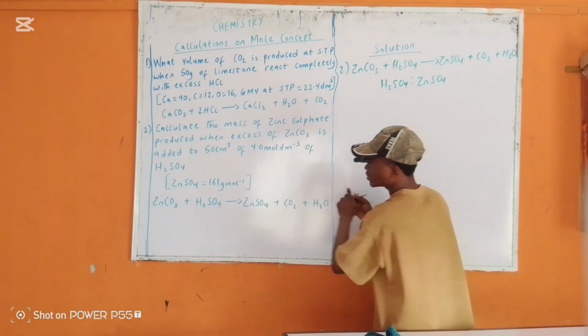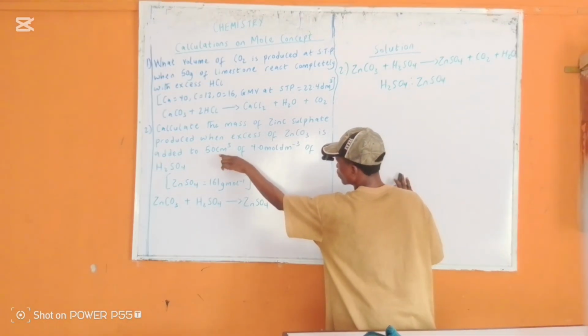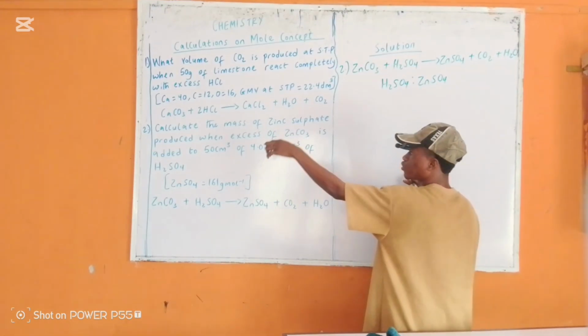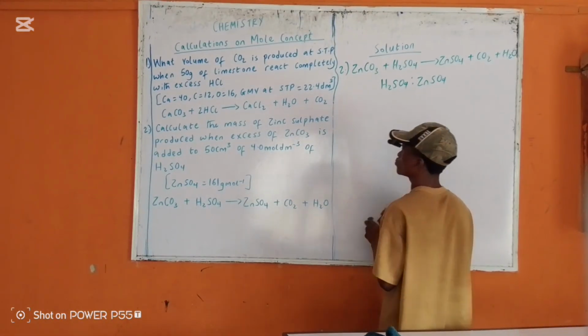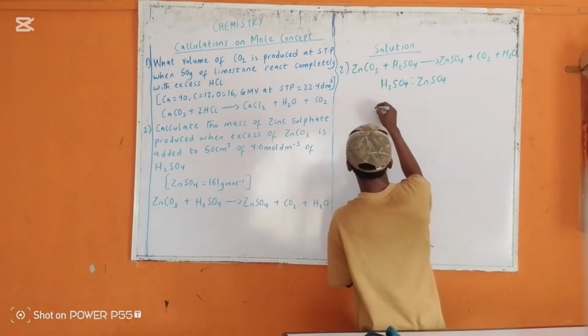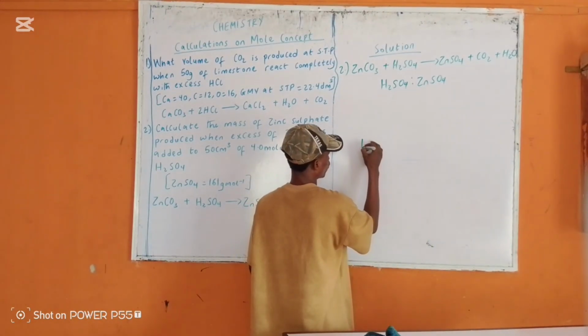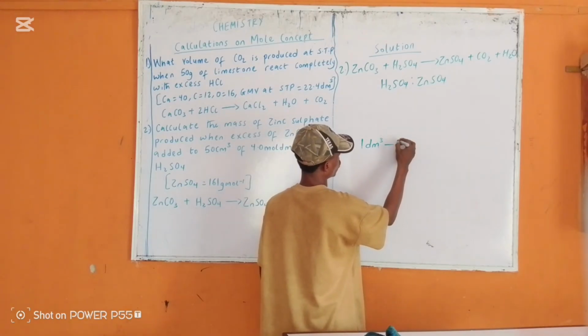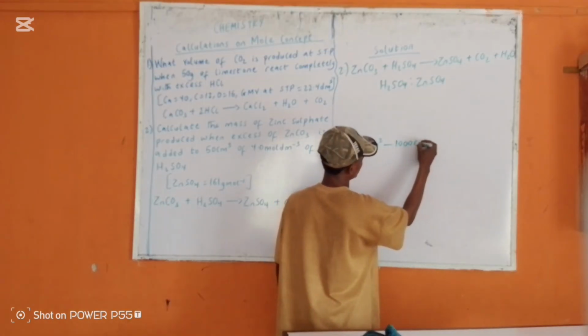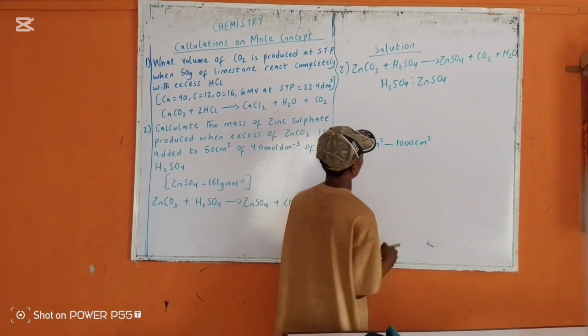Since here it is cm³, we have to look for this value in cm³. So please take note: 1 dm³ equals 1000 cm³.